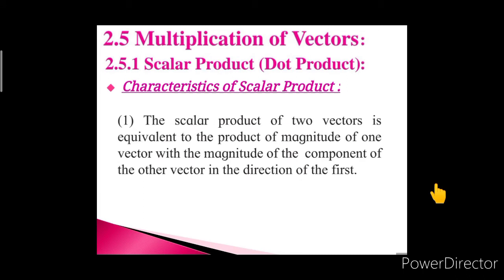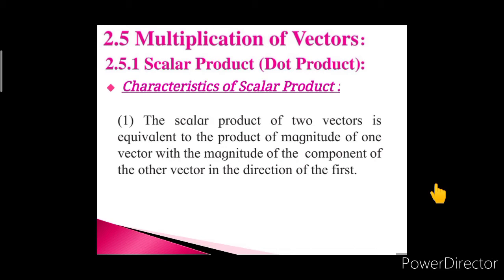The first characteristic is: the scalar product of two vectors is equivalent to the product of the magnitude of one vector with the magnitude of the component of the other vector in the direction of the first. When two vectors are multiplied together as per the scalar product, it is given as the product of the magnitudes of the two vectors and the cosine of the angle between them.